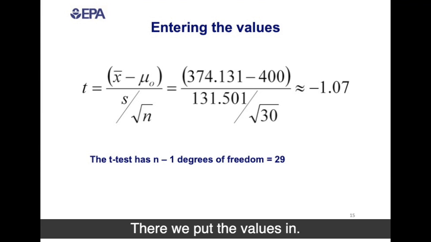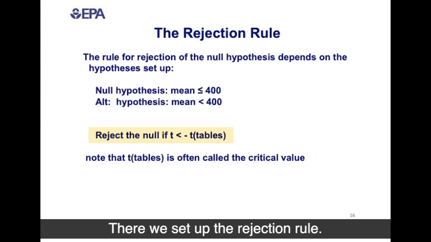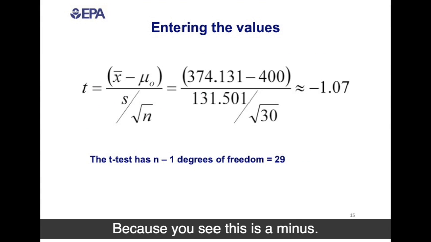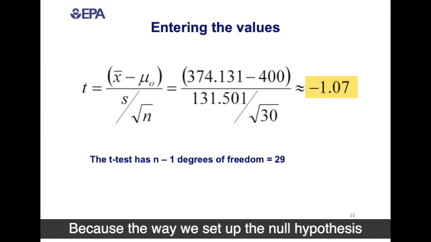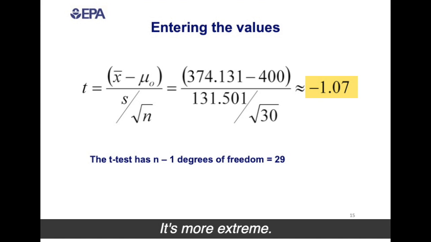There we put the values in. There we set up the rejection rule. If the t-value we get is less than the t from tables, then we're in business. Why do you have minus t? Because, you see, this is a minus. Because of the way we set up the null hypothesis, it's more extreme. Yes, exactly, more extreme.